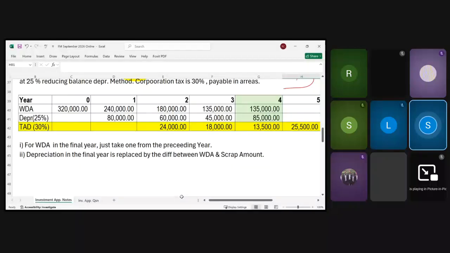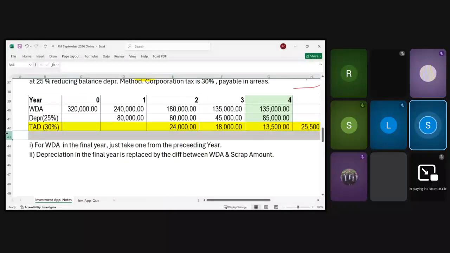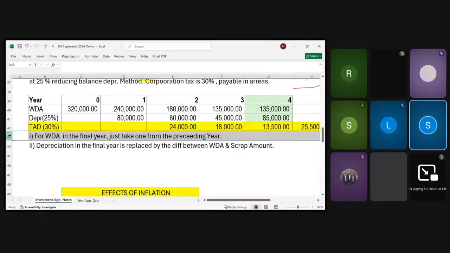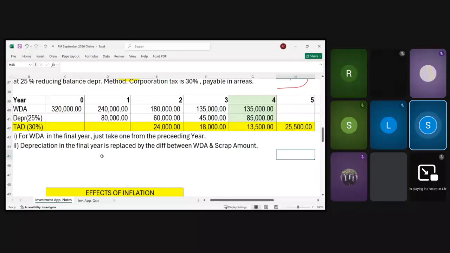I was considering that maybe we should test for recoupment, comparing the ITV versus the scrap value as the proceeds we are likely to get from the disposal of that machine after the project comes to an end.